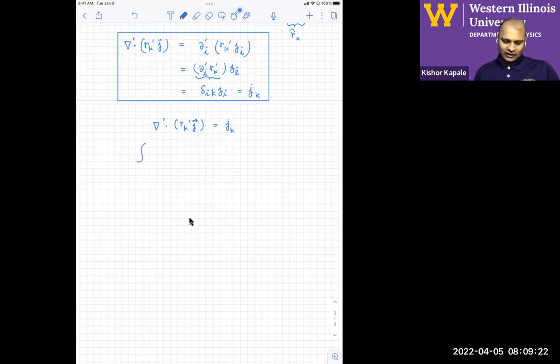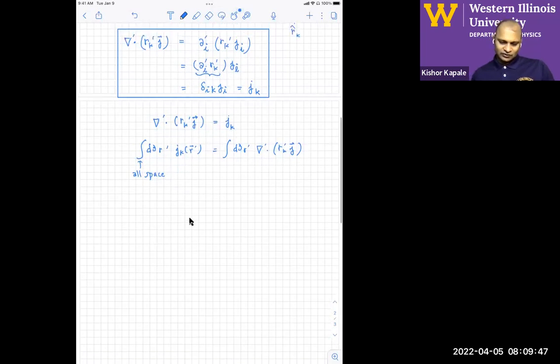And so now if we look at the first integral, which was the volume integral of jk over all space, then you get essentially ∫d³r′ divergence of rk′ j, which we know is jk, right? That's what we just proved here.